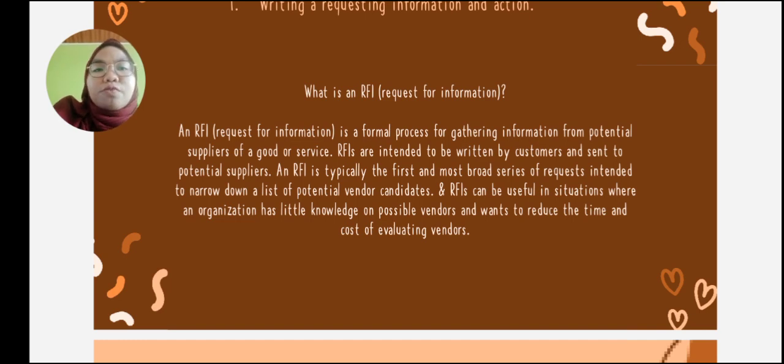Requests for information can be useful in situations where an organization has little knowledge of possible vendors and wants to reduce the time and cost of evaluating vendors.